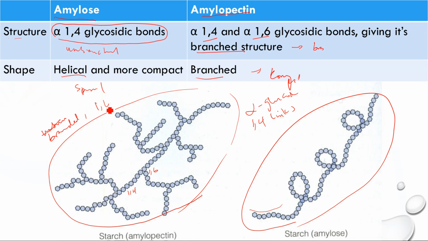Therefore, it has 1,6. But this one is not branched. It's unbranched. That's amylose. It has only 1,4. And while this is helical and spiral, this is compact. Okay, guys, let's go to the next page.